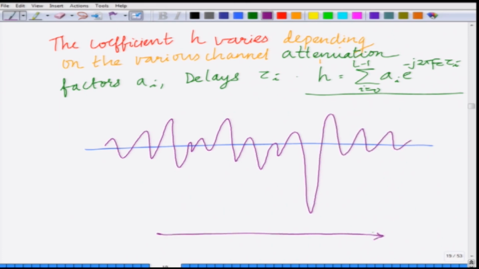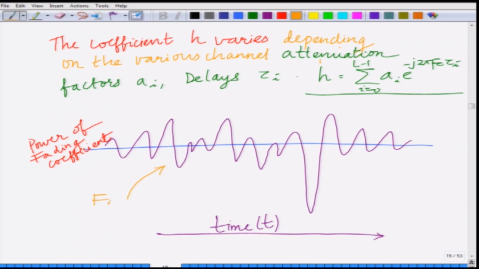That is, if you are looking at the time, and at the average power of the fading coefficient, the magnitude square, this fading coefficient is changing with time. That is why this complex channel coefficient, whose magnitude is changing with time, is known as the fading channel coefficient.